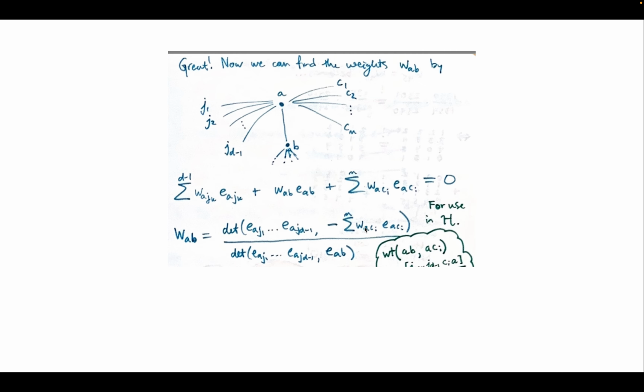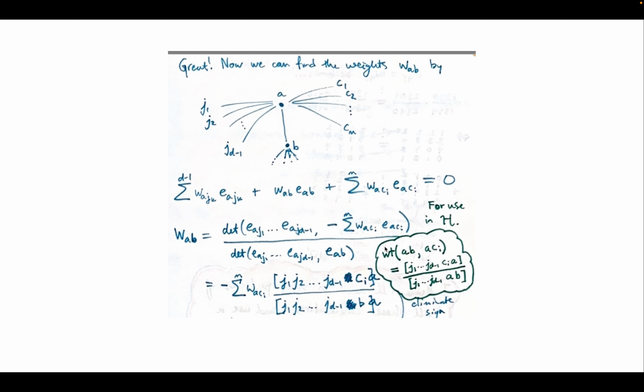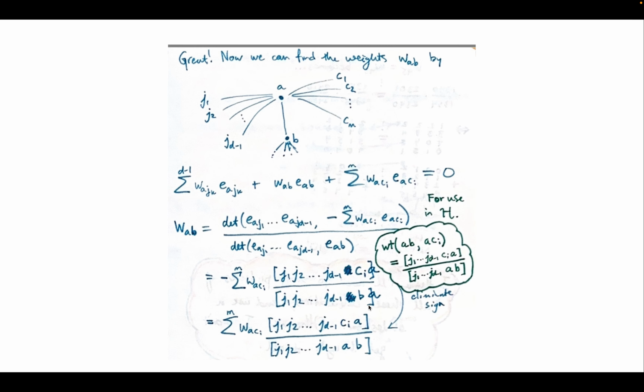This time I have a sum in the last column. By multilinearity, I can pull out that sum with the weights, and I have these signed volumes. I have this minus sign from moving the term to the other side, which is annoying, so I'll just flip 2 of the columns in one of these determinants, which then absorbs the minus sign. And so here's my formula.